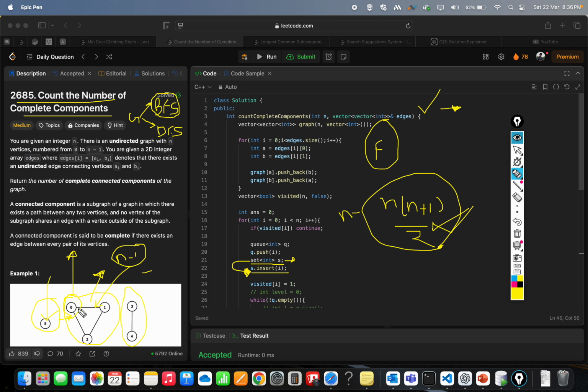We check if the node has n minus 1 neighbors, which means the node is connected with every other node. If all the nodes have n minus 1 neighbors, the component is fully connected, so we will put the component in the answer.